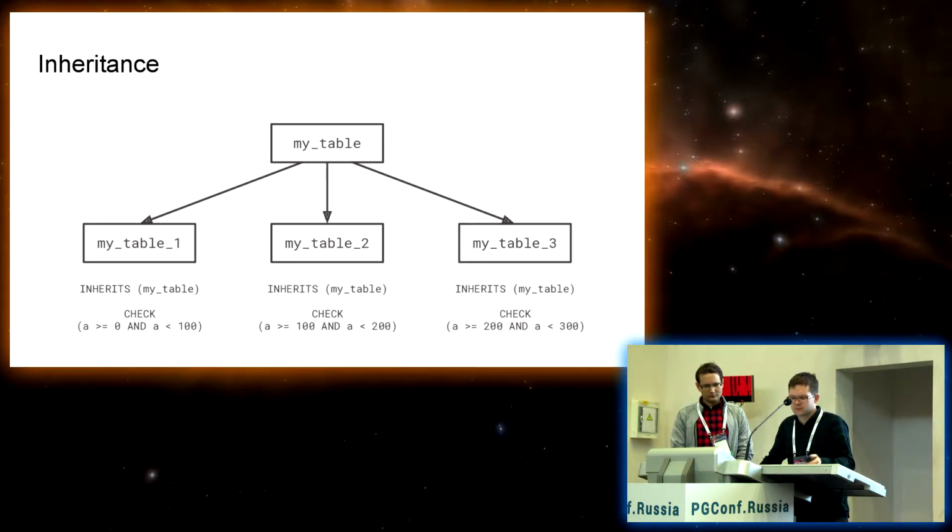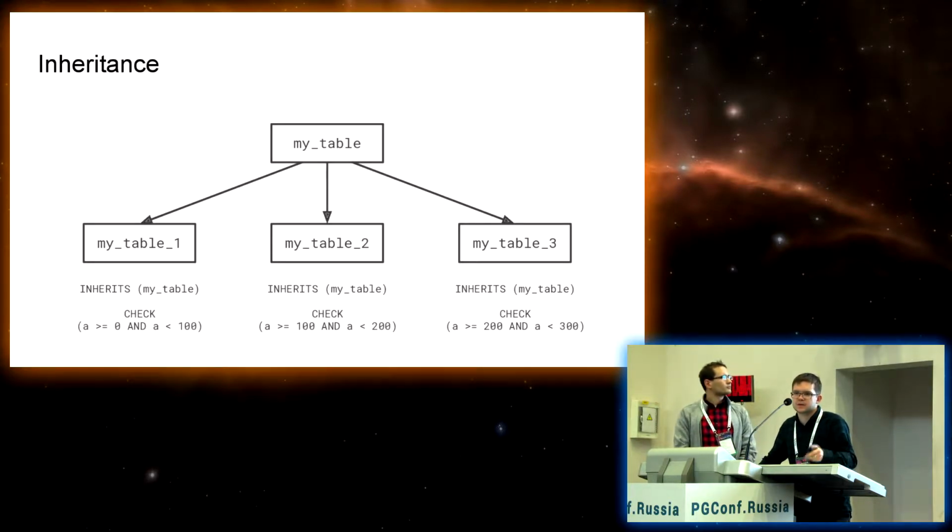How was it done before? I'll just remind you, and those who have never heard about it will hear it from you. There is my table, and that is what we are going to send queries to, and with the inheritance mechanism, my table 1, 2, and 3 are inherited from it.